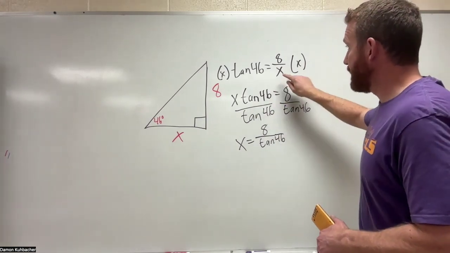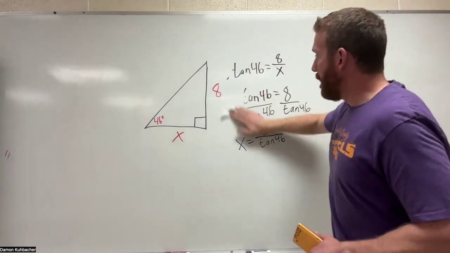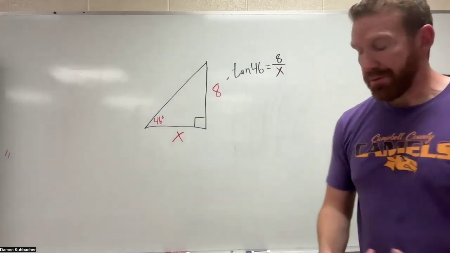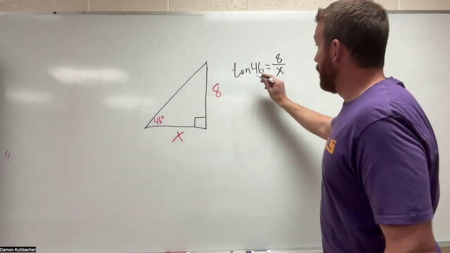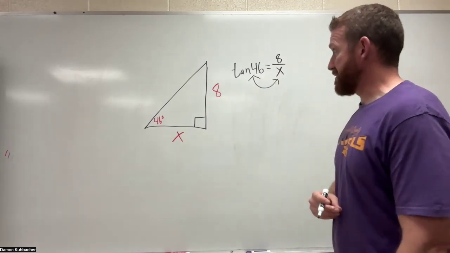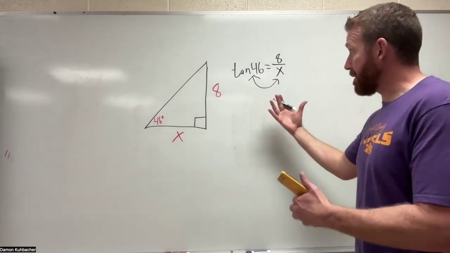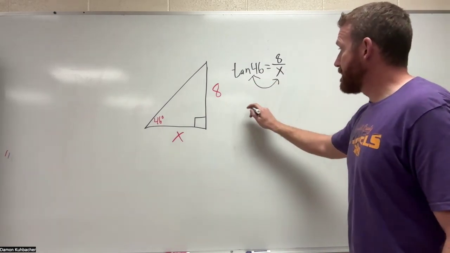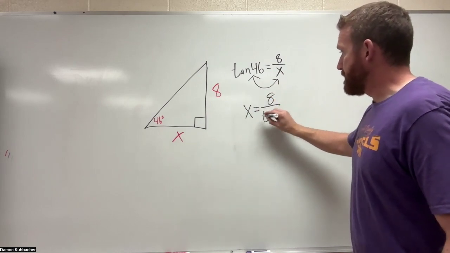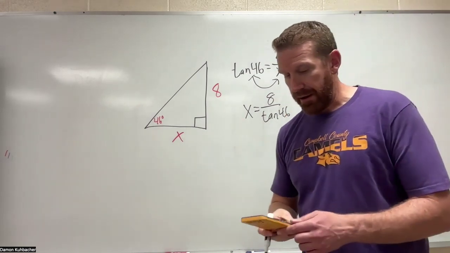When I have x on the bottom all by itself, I can simply switch the position of these two. Now I showed you all the algebra steps that make this work. I can just flop these and I get x equals 8 over the tangent of 46. And I can just punch that into my calculator.